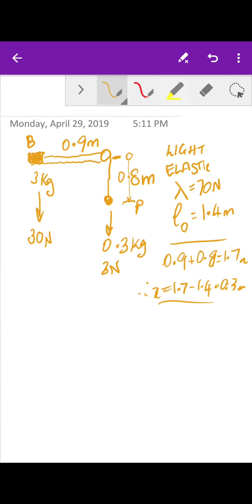Now let's have a look at the tension in the string. We want two things. We want the velocity at P, and we want the coefficient of friction between the block B and the table.